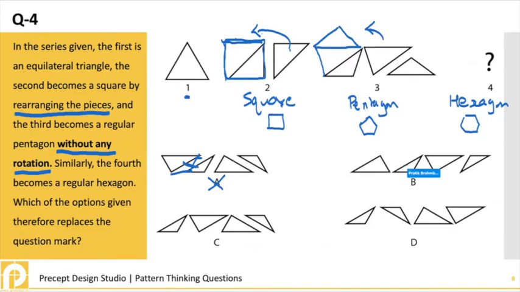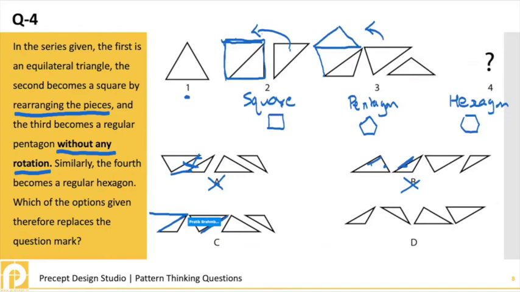So in case of B, these two pieces are somewhere at a clash with each other, because this piece has to come in alignment. So this edge and this edge has to come together in order for them to fit together, which is also not possible.